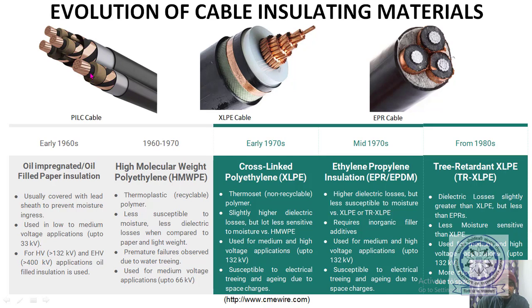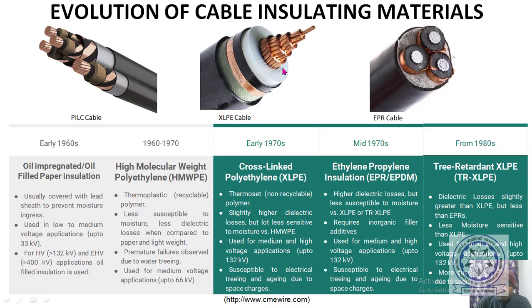So these are the three different cables shown here. PILC, paper insulated laminated cable. Here this is paper. Normally polypropylene tapes are used for laminating this paper. That kind of cable is called a PILC cable. And the XLPE cable is cross-linked polyethylene.